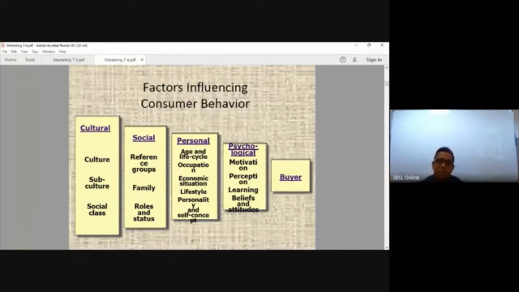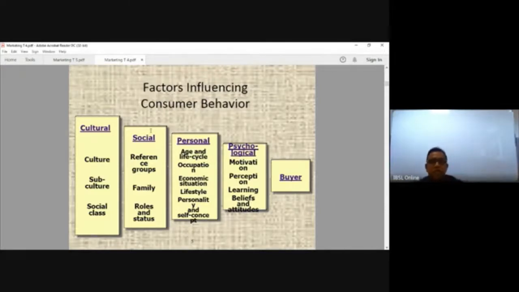Now, if you think your customers' buying behavior is understood by you today, their buying behavior after a few years can be different, due to social reasons.